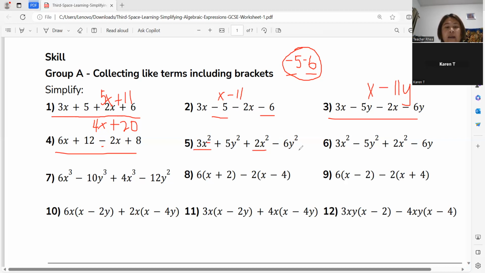Do not add the exponents. Just write or copy the exponents. Yes, 5x squared.